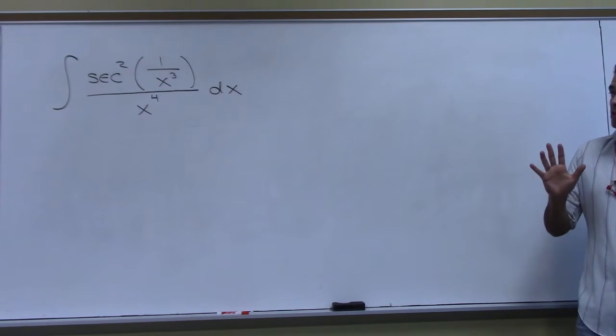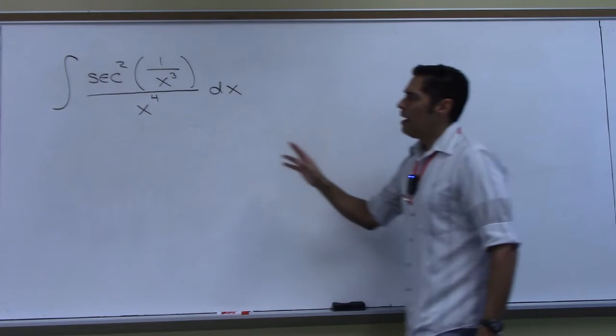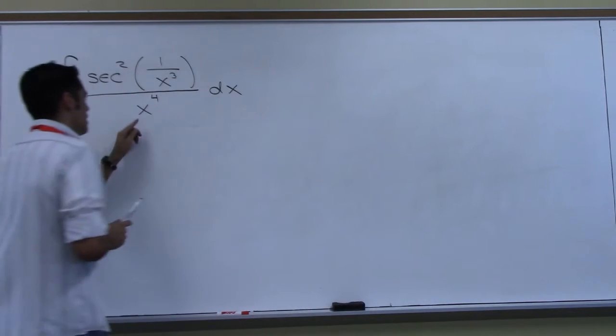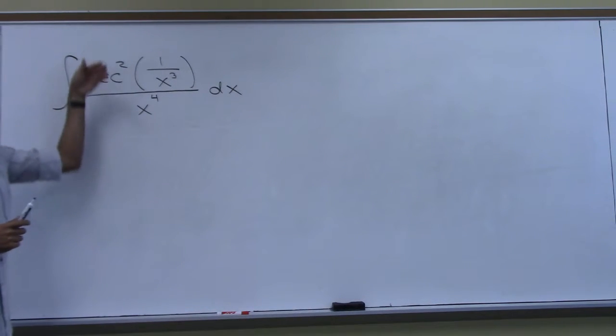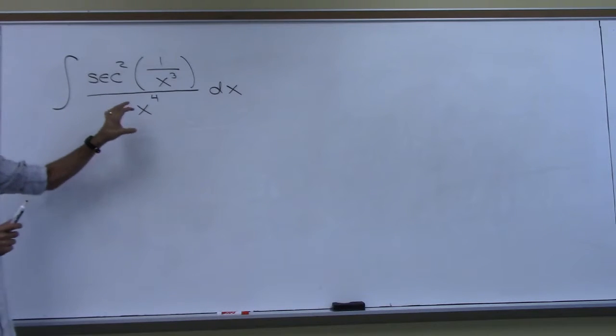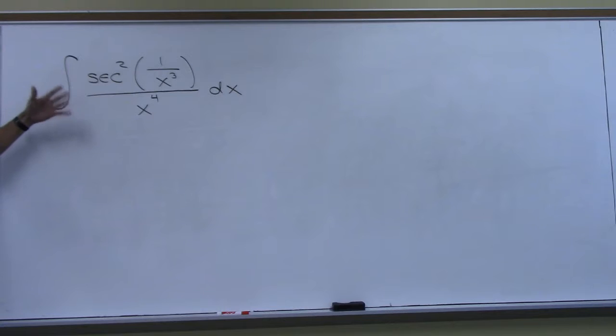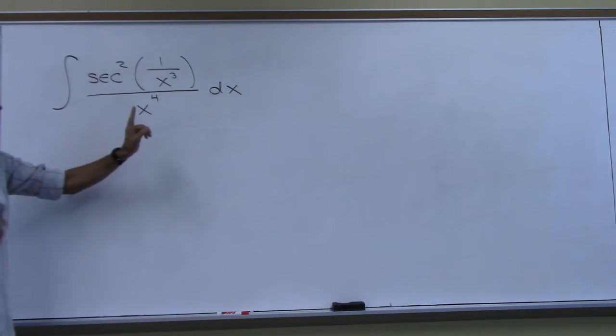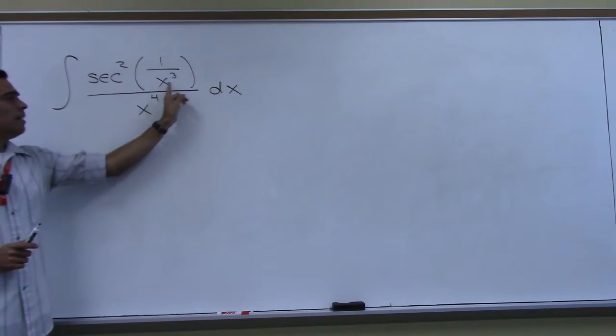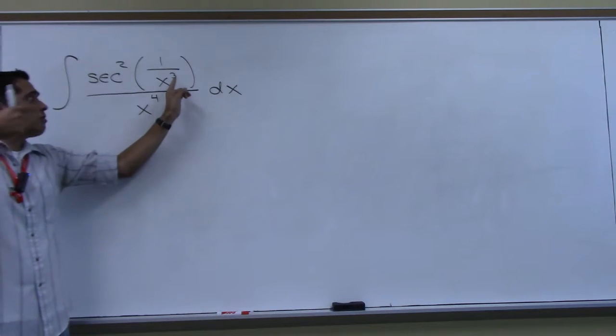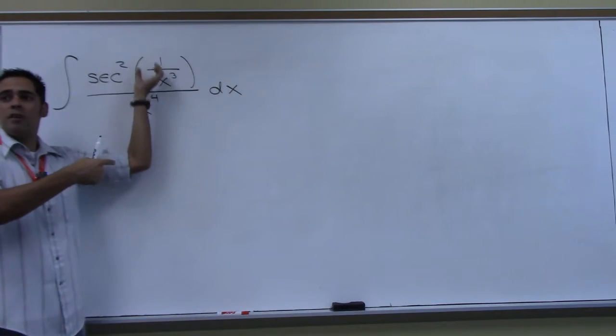Now, let's pay attention to why. You do have x to the 4th, but you actually have 1 over x to the 4th. There is an x to the 4th down here, but if you slid this out here, it's actually 1 over x to the 4th, yes? And more importantly, the derivative of x to the 4th is trapped inside of a function.